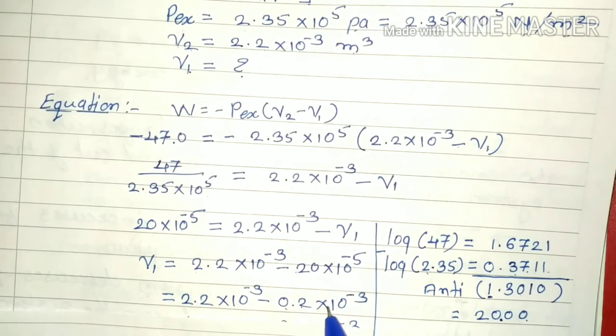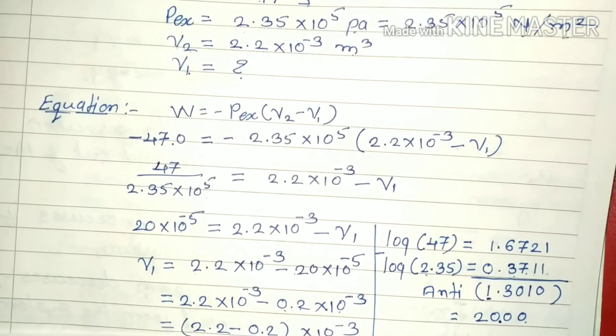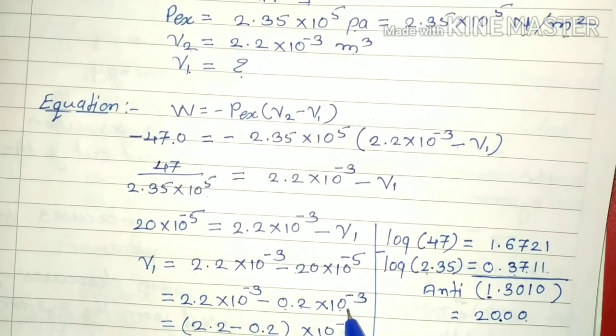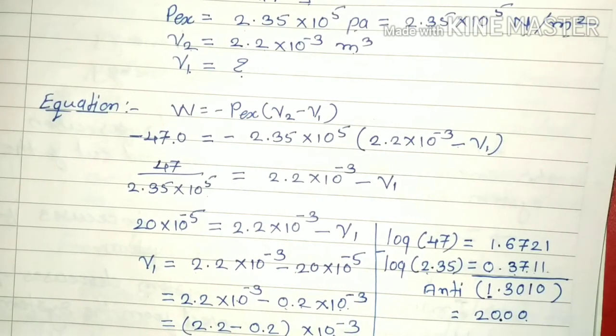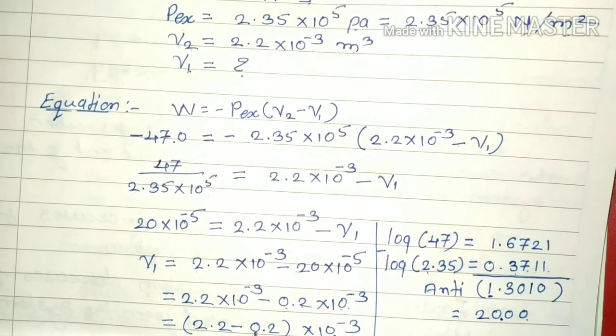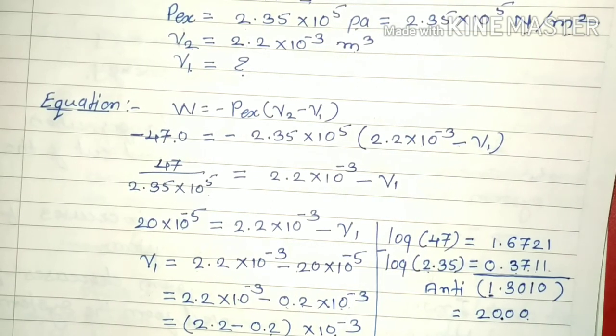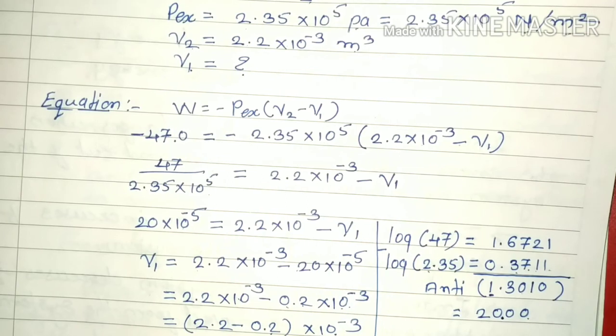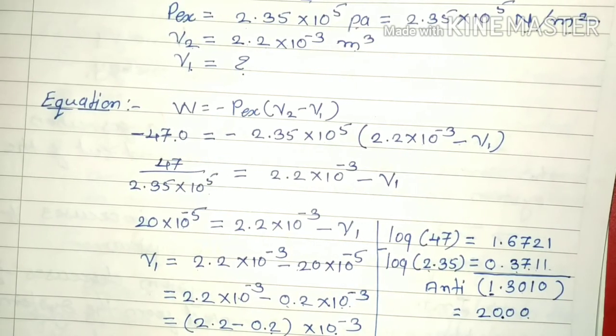So 0.2 into 10 raised to minus 3. These two terms have a common factor, so the common term is taken outside the bracket. So 2.2 minus 0.2 is equal to 2 into 10 raised to minus 3. So V1 is equal to 2.0 into 10 raised to minus 3 meter cube.